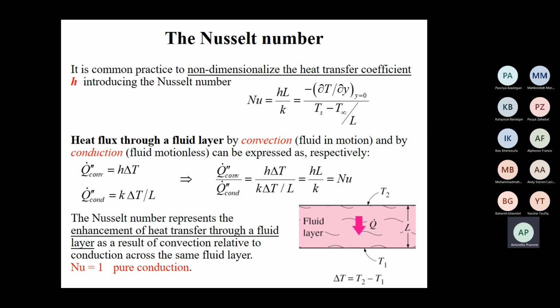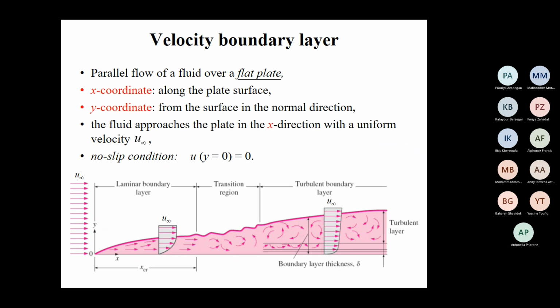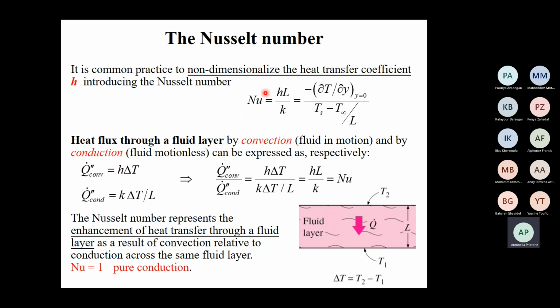But if I'm analyzing the fluid that flows on a flat plate, obviously the characteristic length of the phenomenon is not the diameter, but is the distance from the beginning of the plate. So this L is a length that depends on the geometry that I'm analyzing.